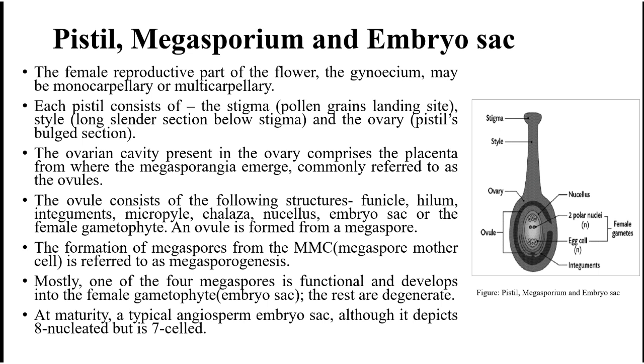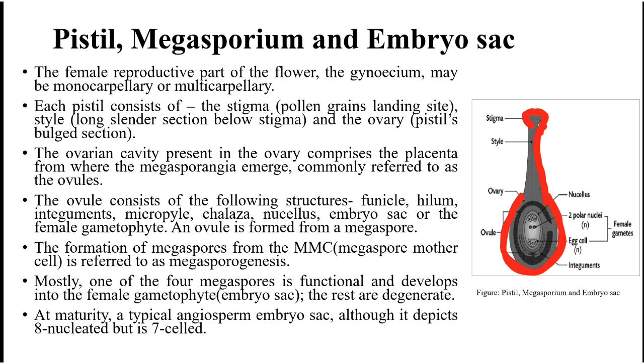Each pistil, the individual female reproductive part, consists of 3 parts: a swollen ovary, a long style, and a stigma. In the ovarian cavity, many ovules are present. Ovules or megasporangia are present inside the ovarian chamber.